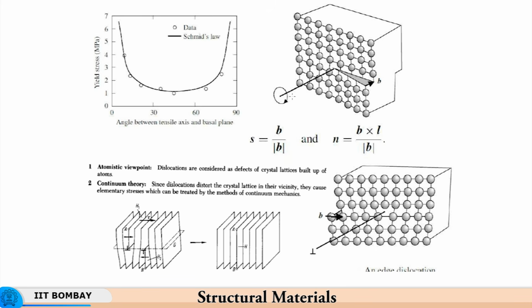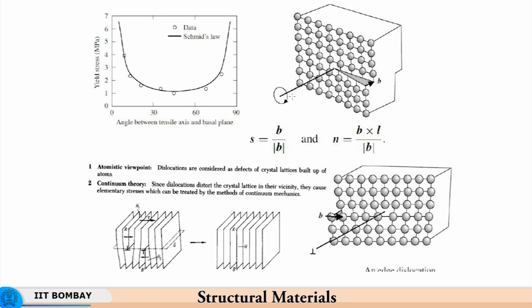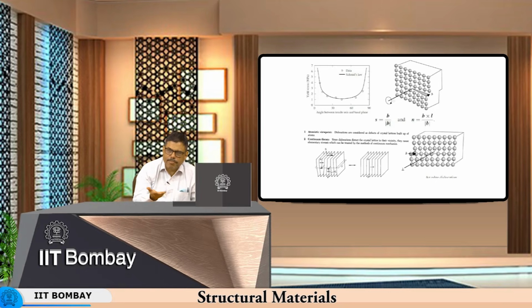So if you take an HCP crystal structure, then depending on the angle between the tensile axis and the basal plane, you may find that as the angle becomes 45, the yield stress reduces to the maximum extent, and then again it rises further. So even if you imagine a plane, as the angle changes, let's say a plane which is a face of a cube.